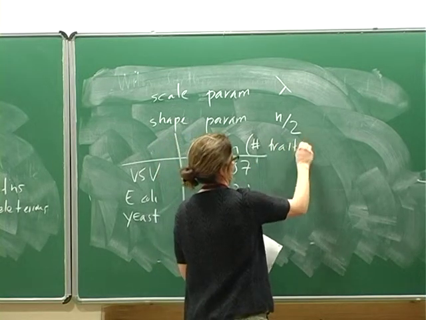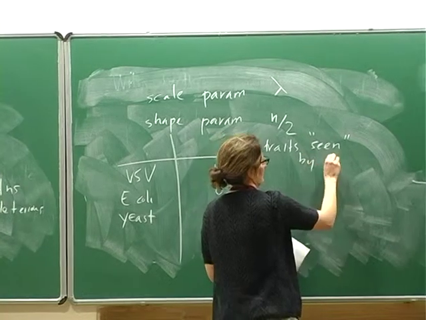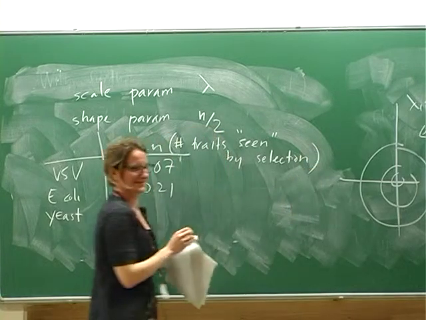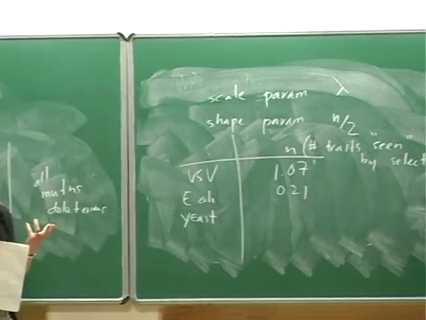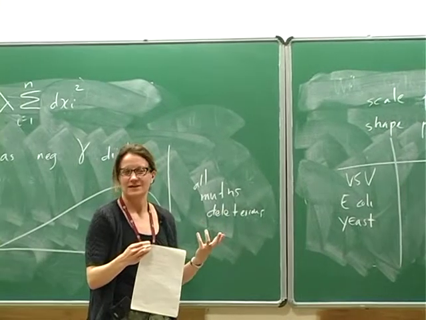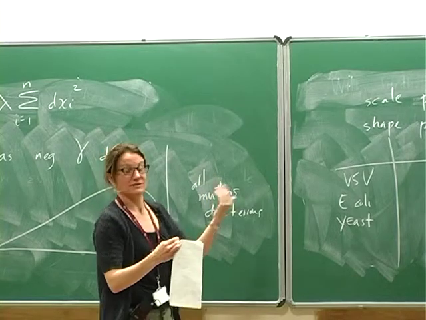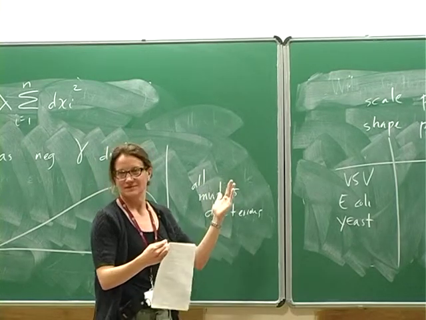Yeah, exactly. It's the number of traits somehow seen by selection. It's kind of like an effective population size, an effective number of traits. So the adaptive process, or in this case, the process of deleterious mutations, is happening as if there was only 1 trait.